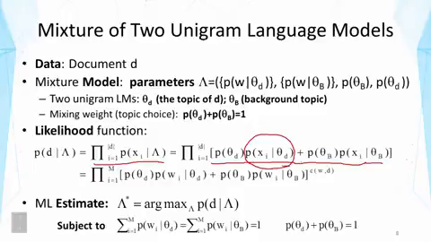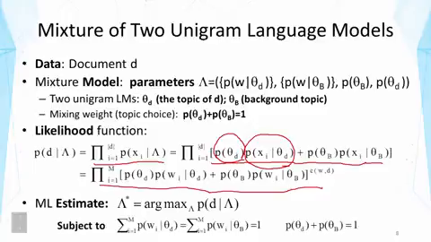But now we have this sum because of the mixture model, and because of the mixture model, we also have to introduce a probability of choosing that particular component distribution. And this is just another way of writing it, by using a product over all the unique words in our vocabulary instead of having a product over all the positions in the document.